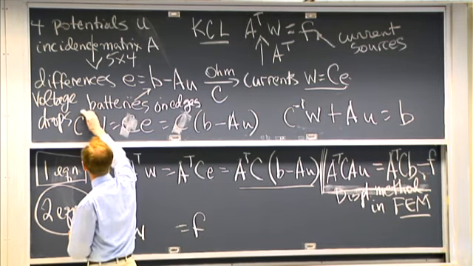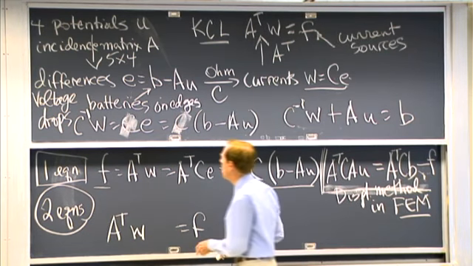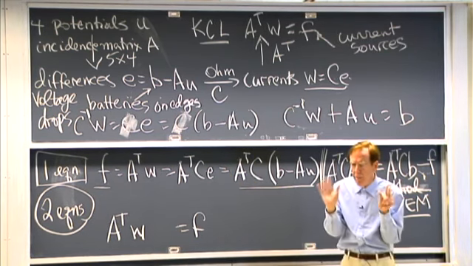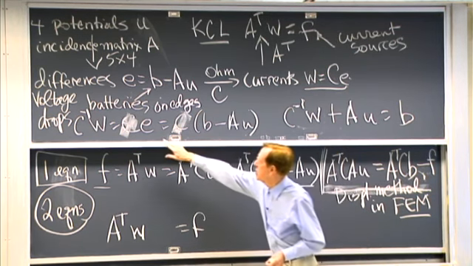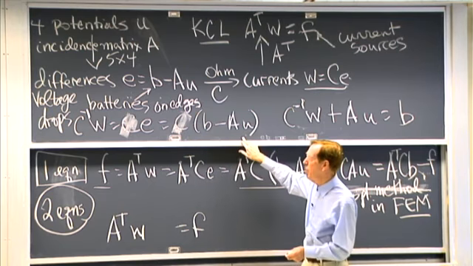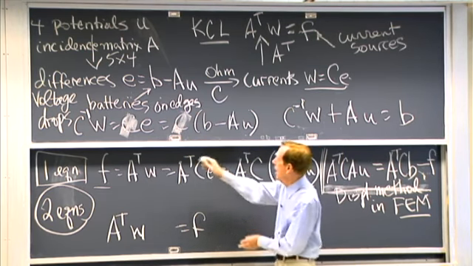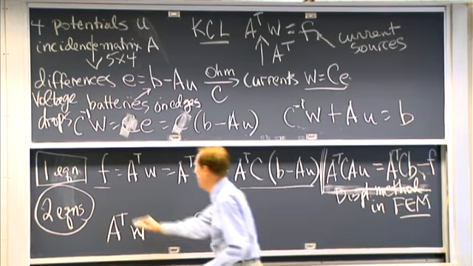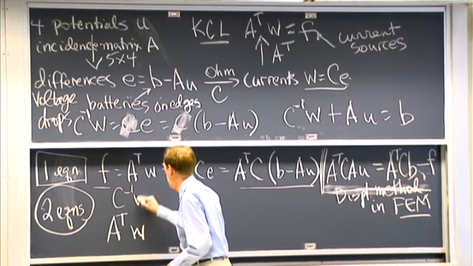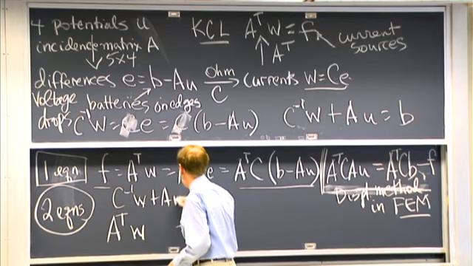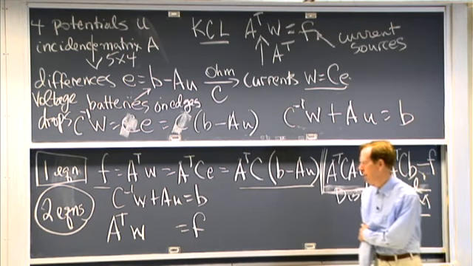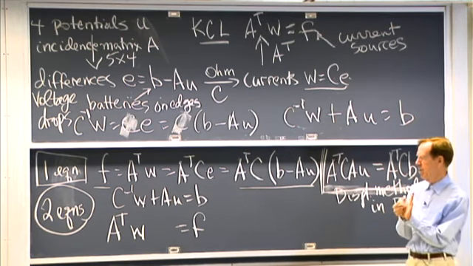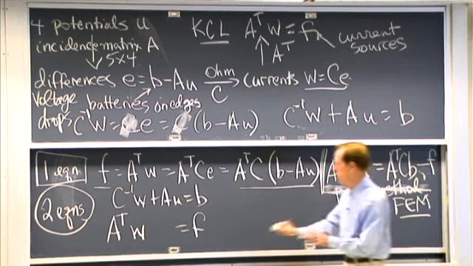I did a C inverse there to get E off by itself, and then I substituted for E. I put in the U part, so E is now gone, and the equation is C inverse W plus AU equals B. That's my two-field system.